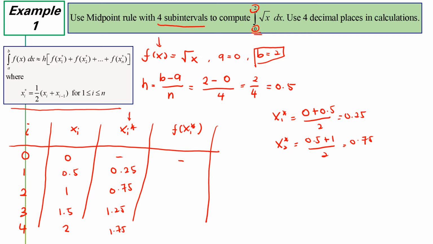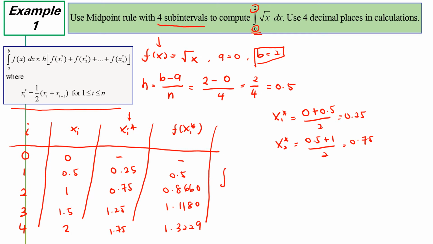So you get 0.5, 0.8660, 1.1180, and 1.3229.